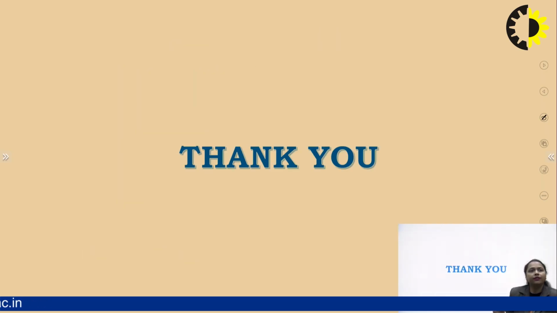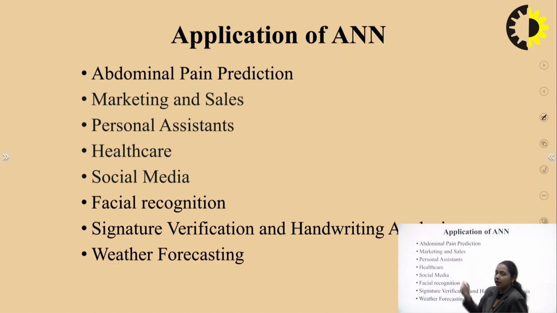We can have various other applications also which are responsible for ANN. ANN is not only machine learning; it basically comes under deep learning, because when we come to neural networks, it falls into the part of deep learning.